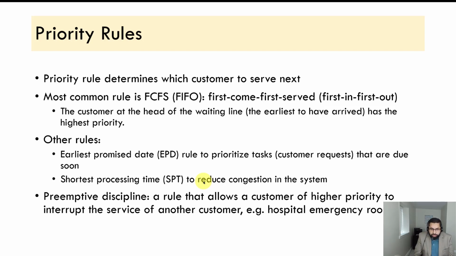Sometimes you see that with express checkout lines, for 10 or fewer items or 8 or fewer items. You have a shorter processing time, so they don't want you to wait in a long line behind people with carts full of stuff when you only bought 3 items, right?